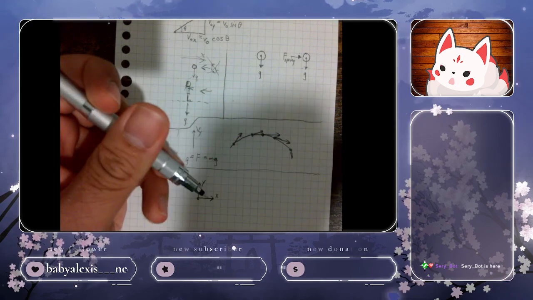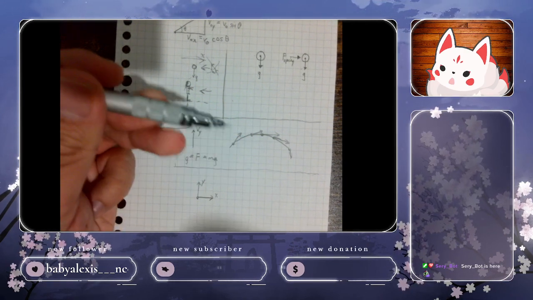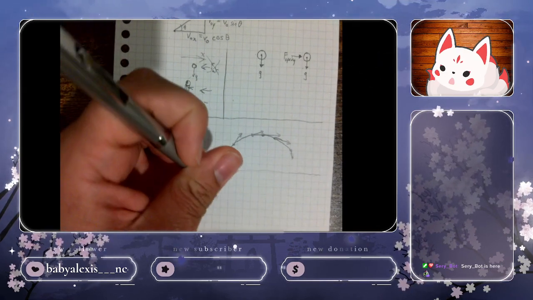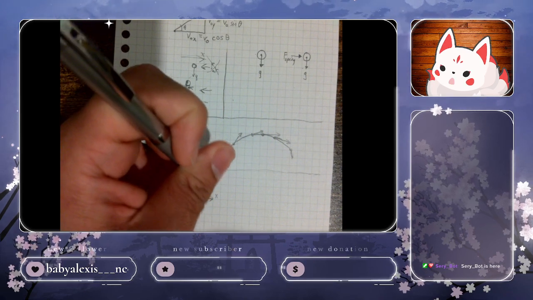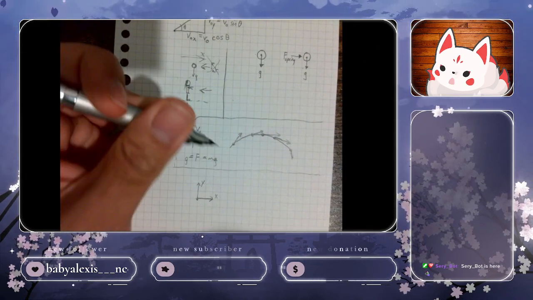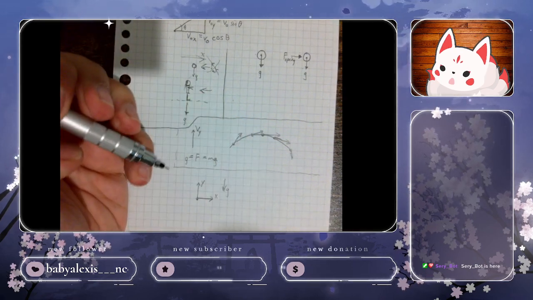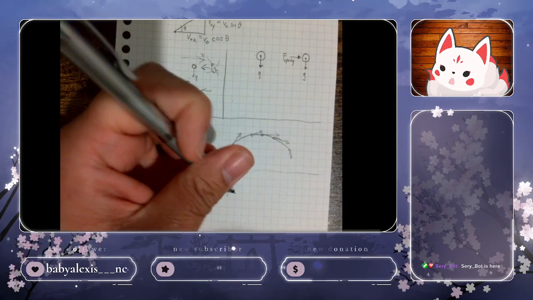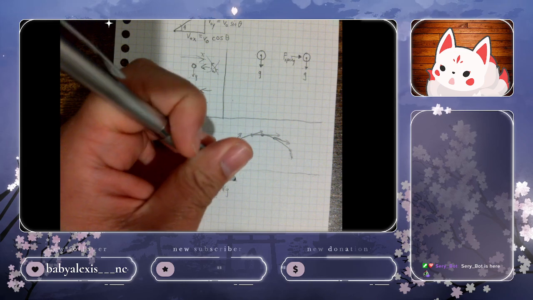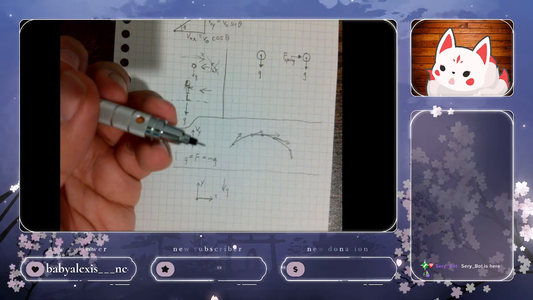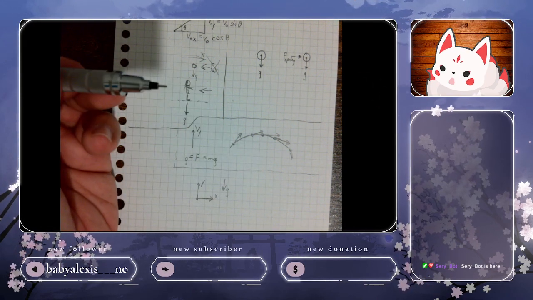X is pointing in the positive direction and y is pointing in the positive direction. So when gravity in this case is pointing opposite of y, we list the value of this variable as negative. Or you could do negative g.